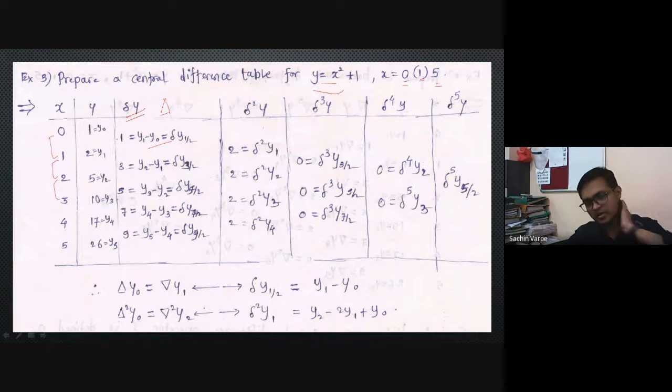But here remember, with the difference of half we are moving, because it is h by 2, no? So with the difference of half we are moving ahead. So this is small delta of y half, this is small delta of y 3 by 2, this is small delta of y 5 by 2, 7 by 2, 9 by 2 and so on.